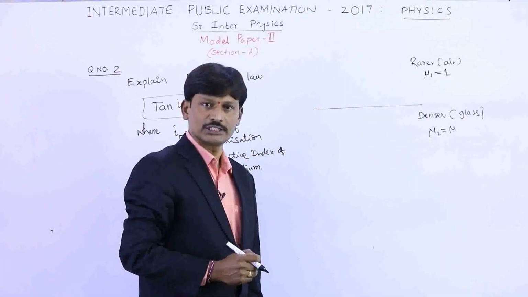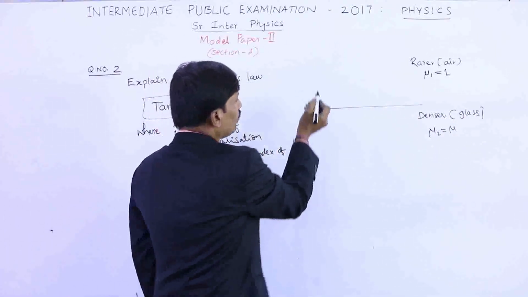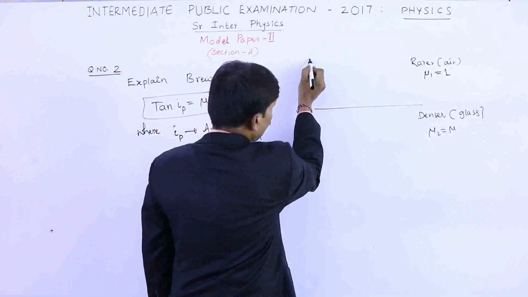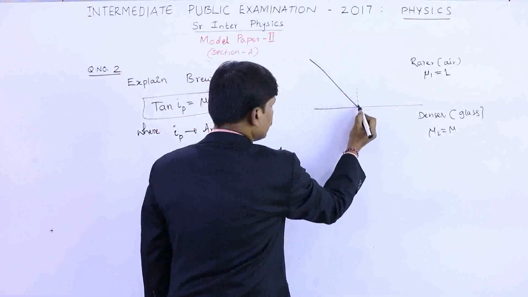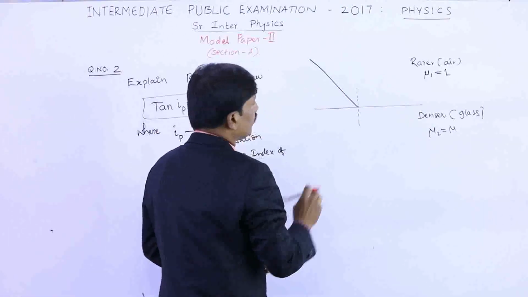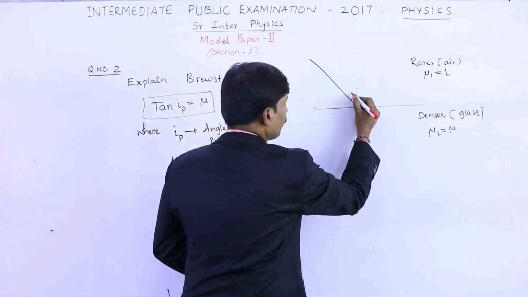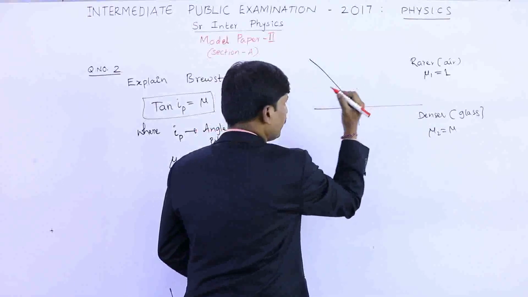Both are transparent media. Now, unpolarized light is incident on the interface at a particular angle of incidence, that is IP.